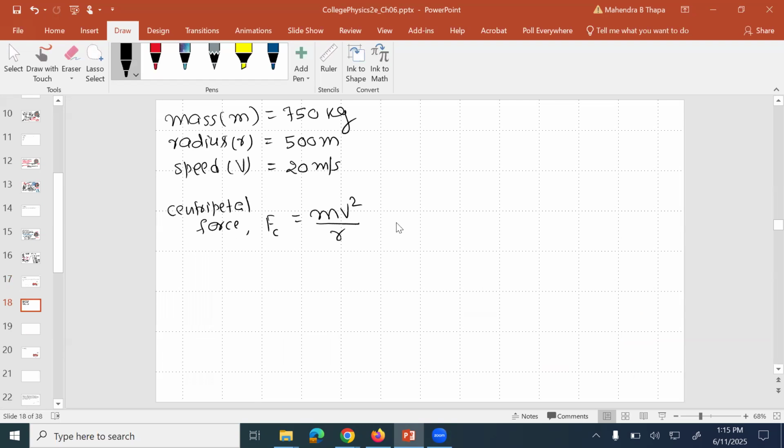So I can use the equation for centripetal force, which equals mass 750 times 20 squared over 500. That gives me 600 Newton. That is the centripetal force for the first part.